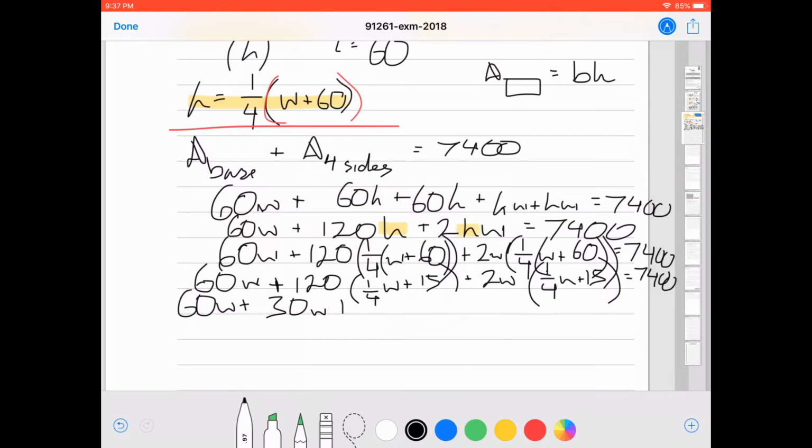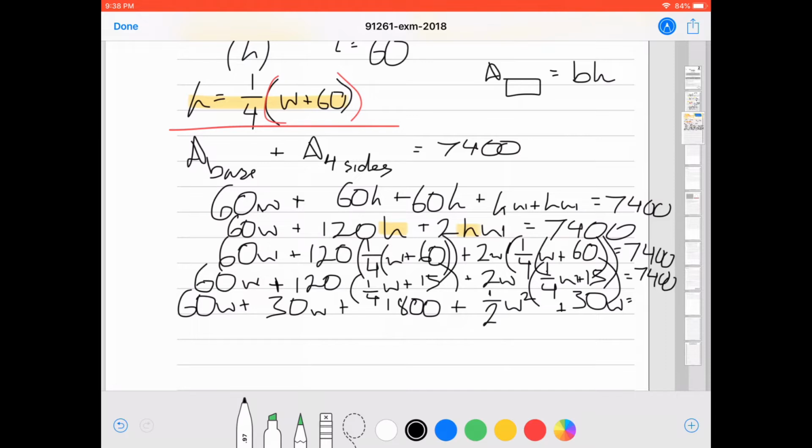Okay, and we've got plus, now 2 over 4, that's 1/2, so it's going to be half, that's our coefficients. Looking at the w's here, it's going to be w times w, so half w squared, plus 2w times 15 is 30w, and this equals 7,400.